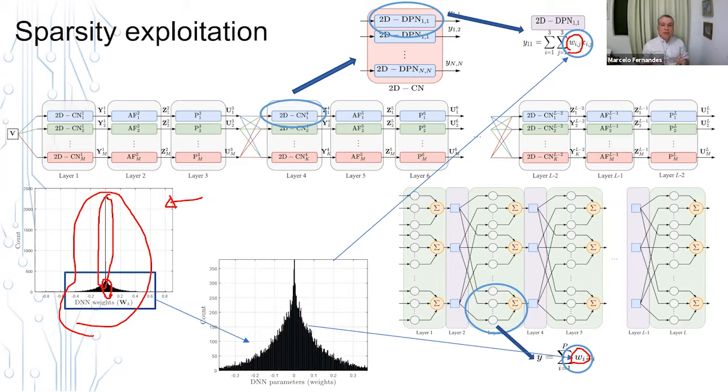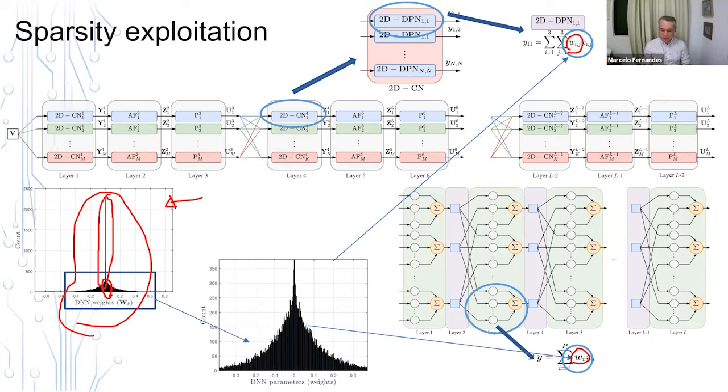If we look at the weights in the whole CNN or in a specific layer, you see sparsity: many zero values, or values close to zero, that you can remove.